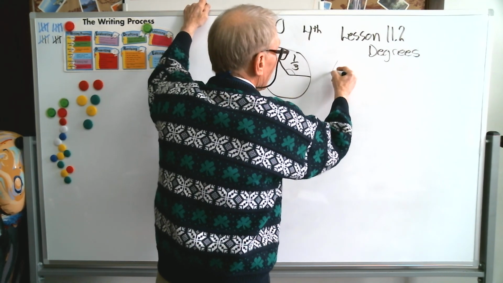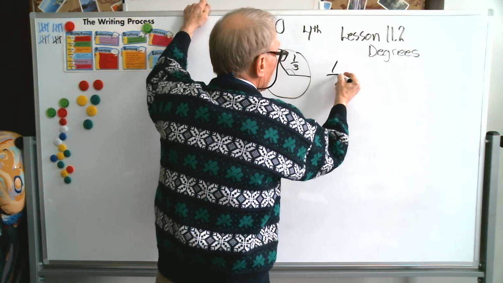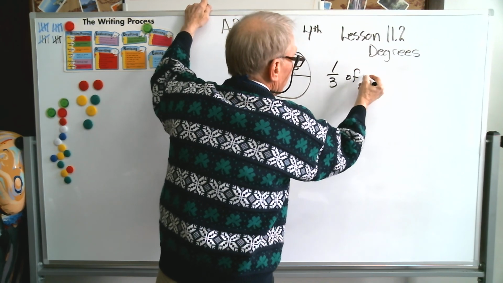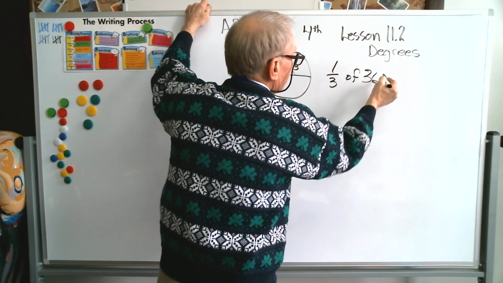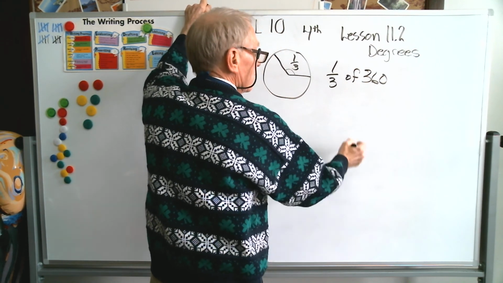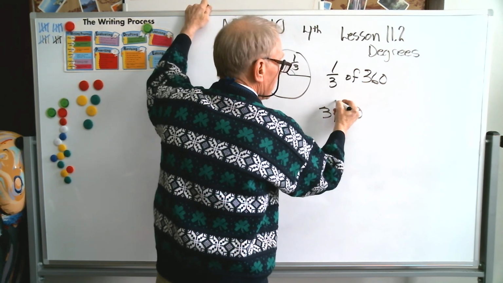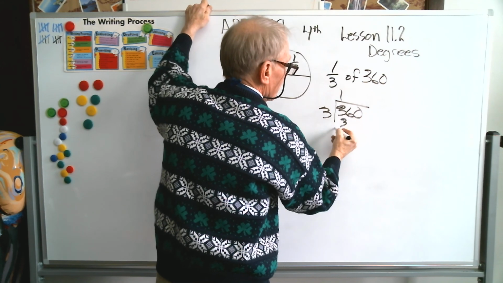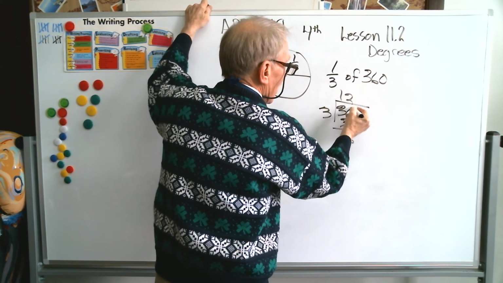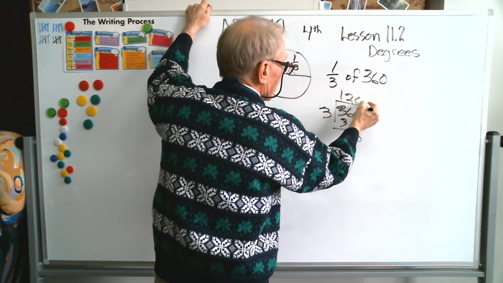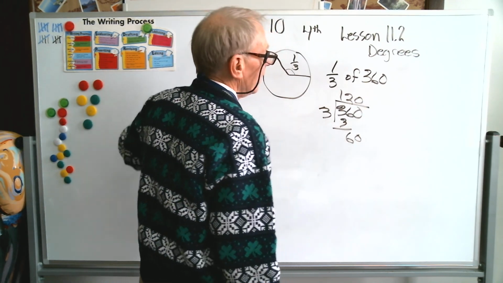1/3 of 360. So 360 divided by 3 goes in there once, goes in there twice, goes in there 0.